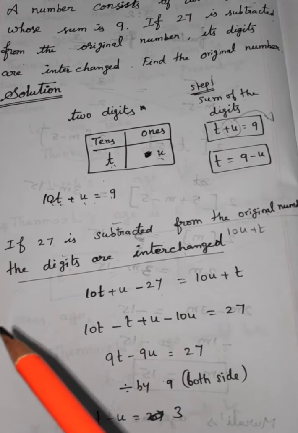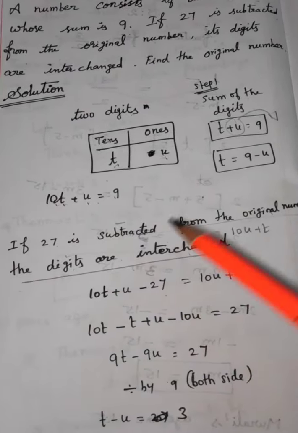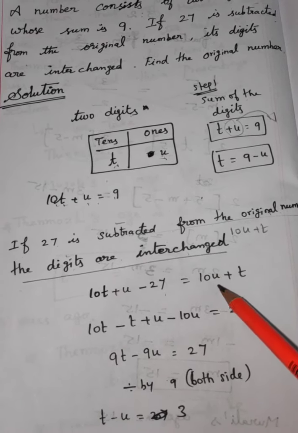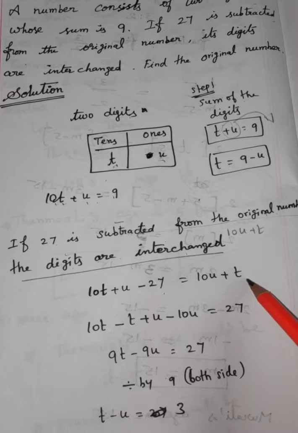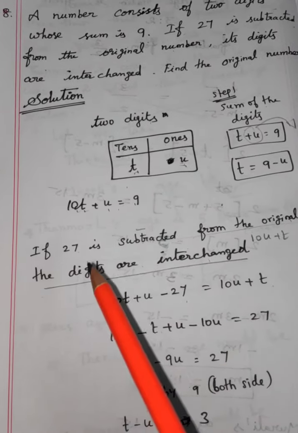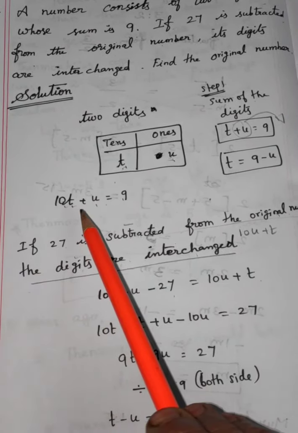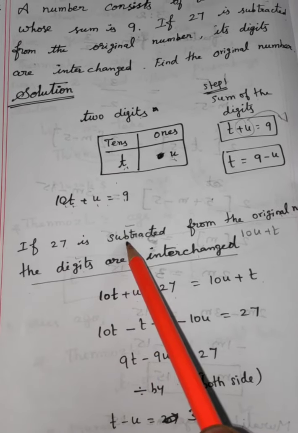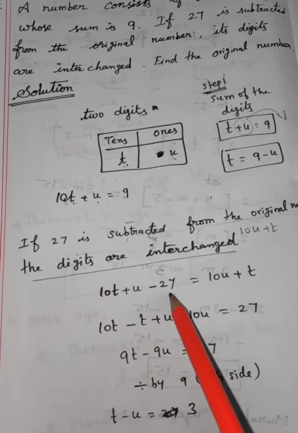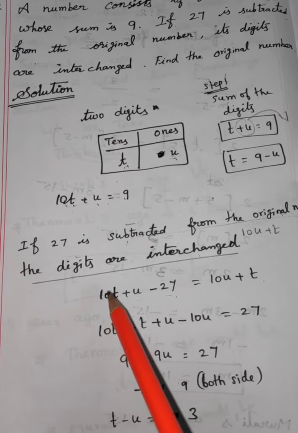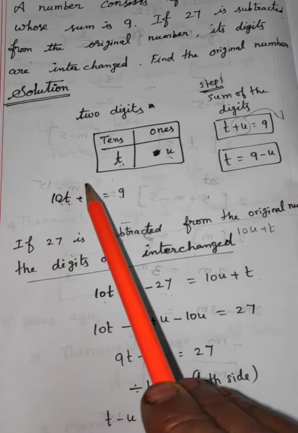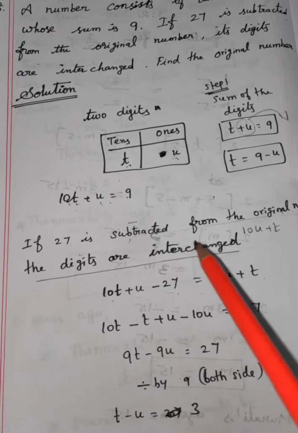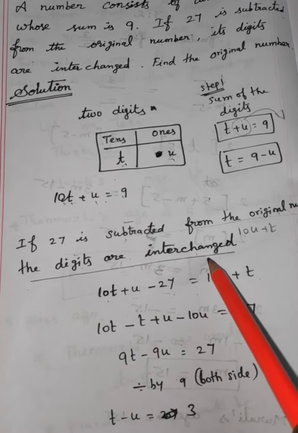Next, interchanged: what do we write? Listen very carefully. Here we have 10T plus U first; subtracted means minus 27. This is clear, no? 10T plus U minus 27 equals the interchanged number.